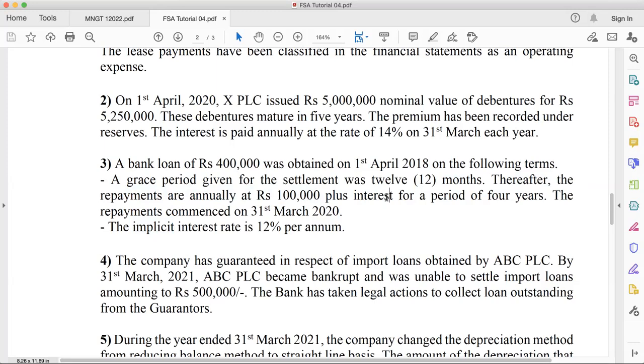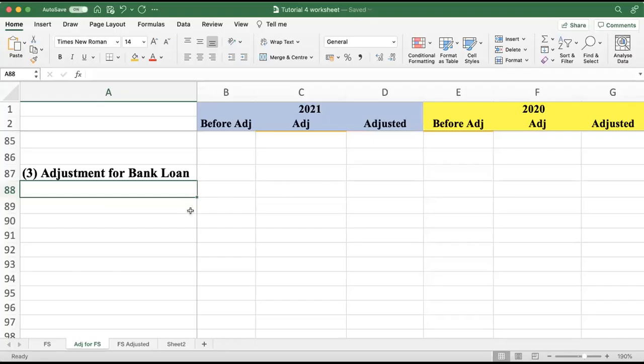This is for 4 years. Repayments commence on 31st March 2020. Interest rate 12%.